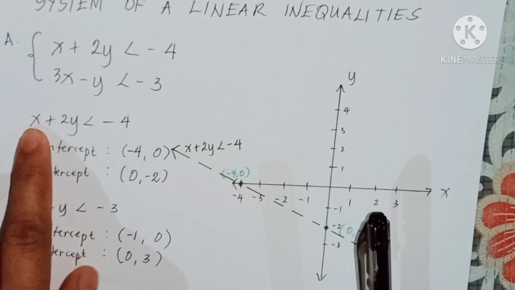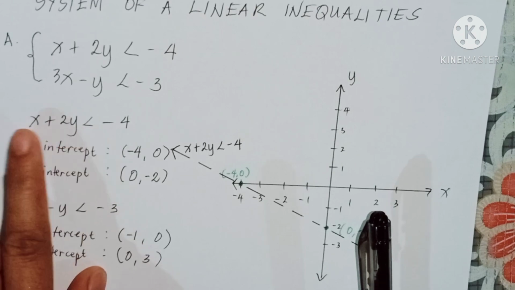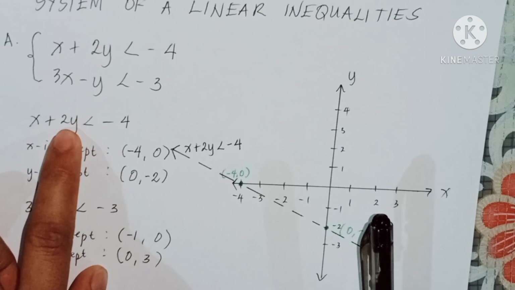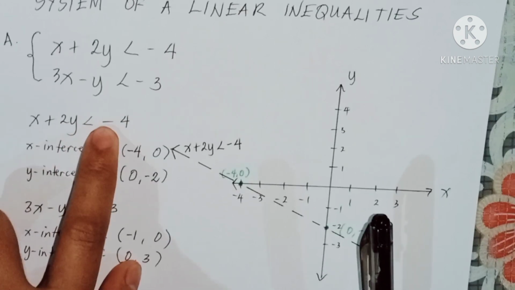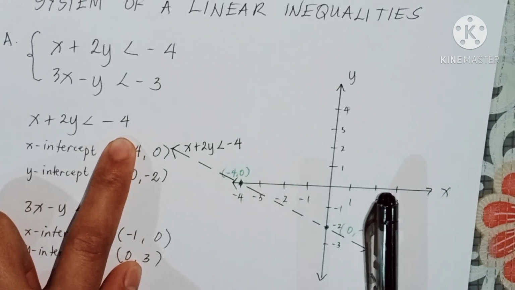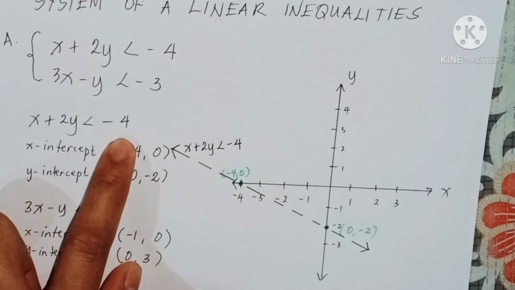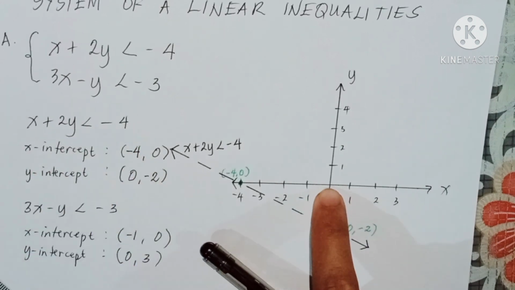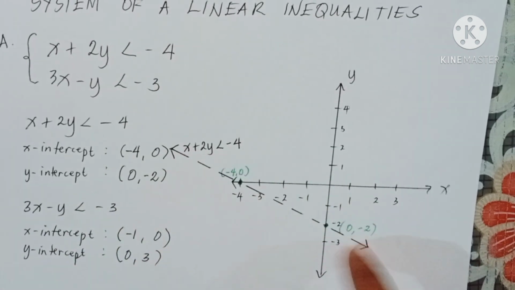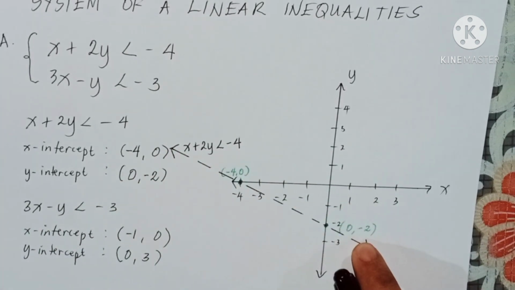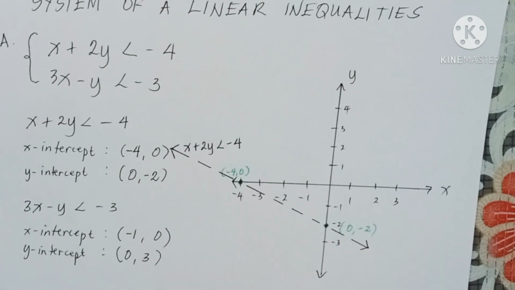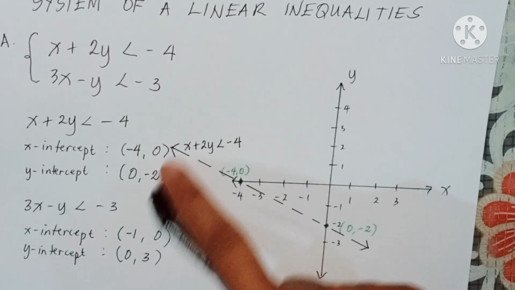So 0 plus 2 times 0 is 0. Is 0 less than -4? The answer is false. That false indicates that (0, 0) is not the solution. So with the boundary line, we shade the lower or the below part of the boundary line because this is the solution.